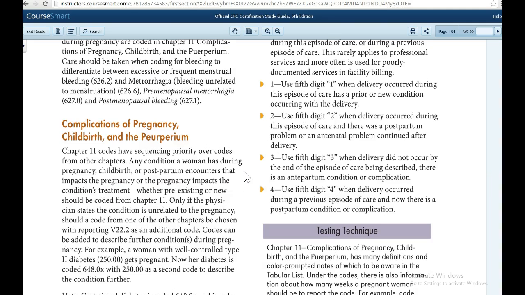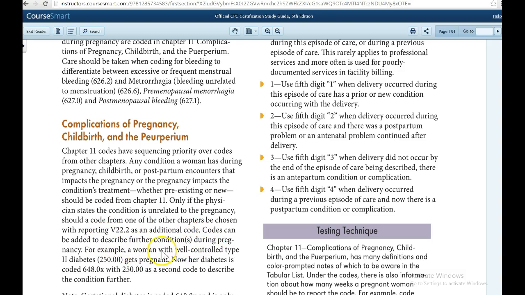Make sure you remember pregnancy is to impact the treatment. Only if the physician states the condition is related to pregnancy should a code from one of the other chapters be chosen, with reporting V22.2 as an additional code. Codes can be added to describe further conditions during pregnancy.